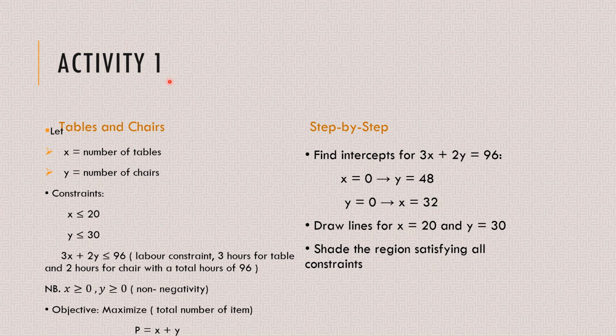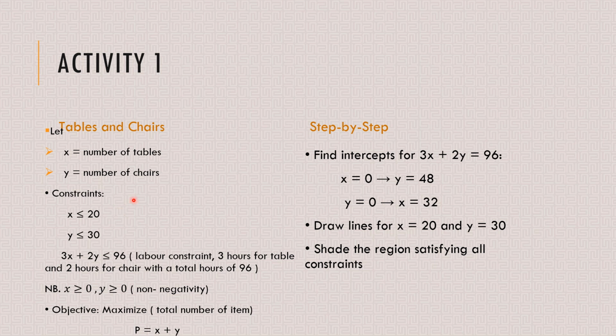Look at it, the solution is here. The X indicates the number of tables produced per day. The Y indicates the number of chairs that the carpenter will be able to produce. What are the constraints? We can only produce 20 tables per day, so x is less than or equal to 20.